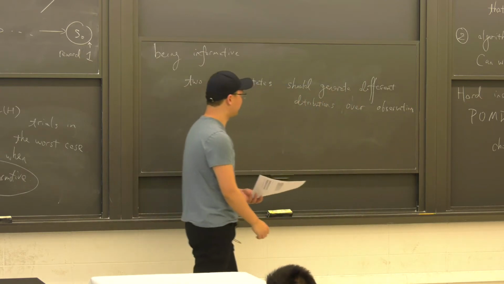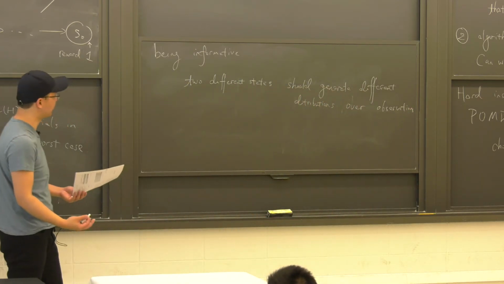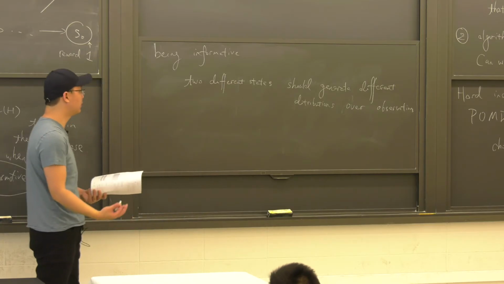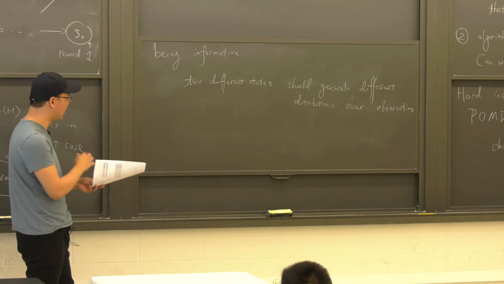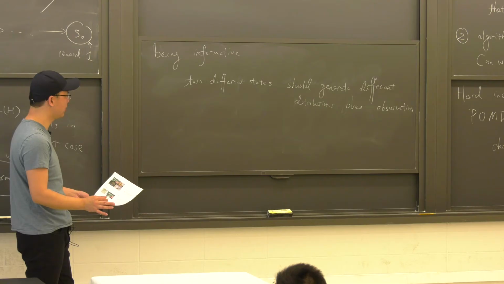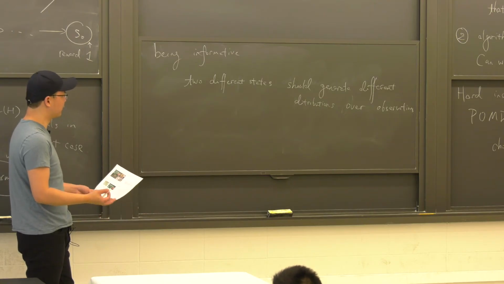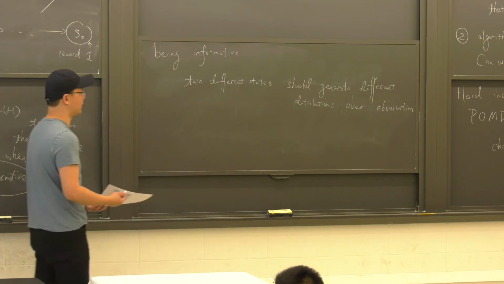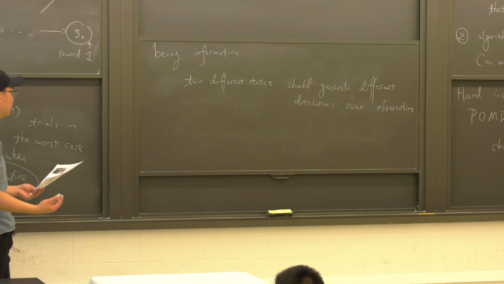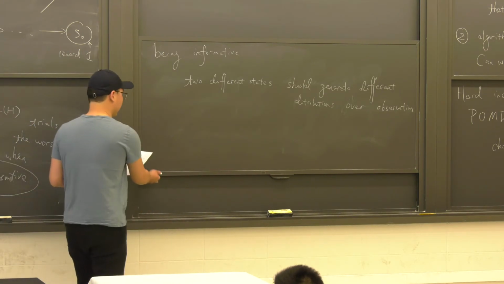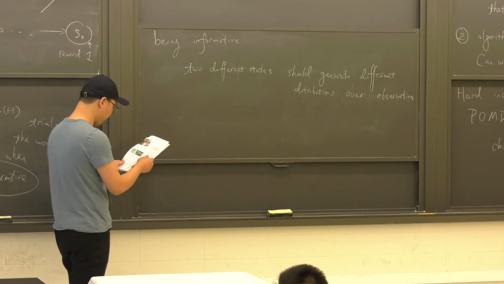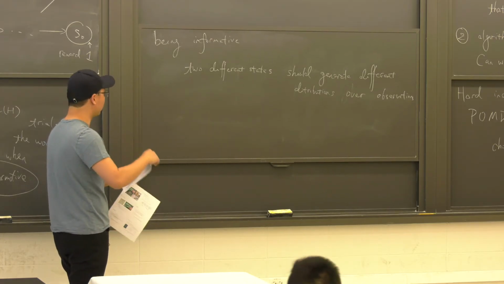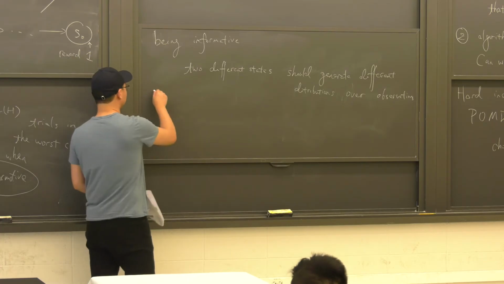This is essentially some minimum condition, so we can say these two states are distinguishable. Otherwise, if two states always generate the same distribution over observations, then when you only look at the observation and without looking at the states, they look essentially the same, and you cannot really distinguish those two different states. So essentially, we should look at the emission matrix.